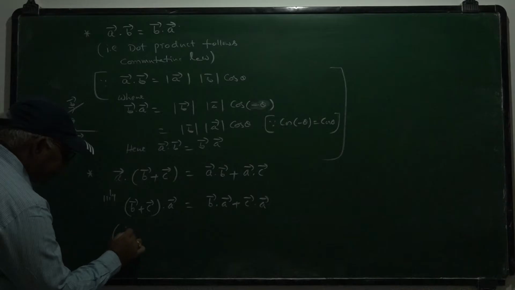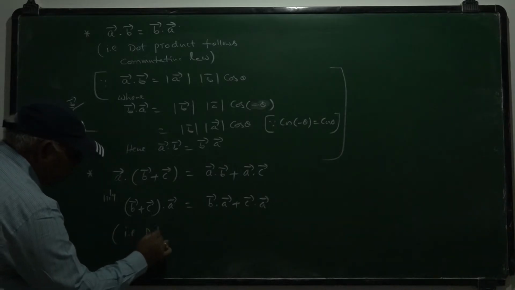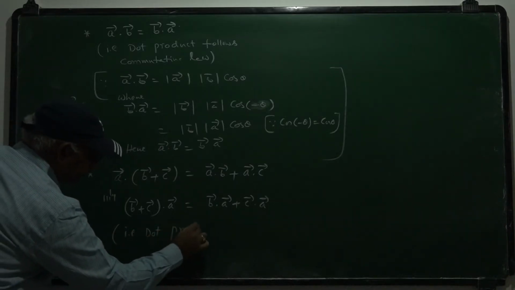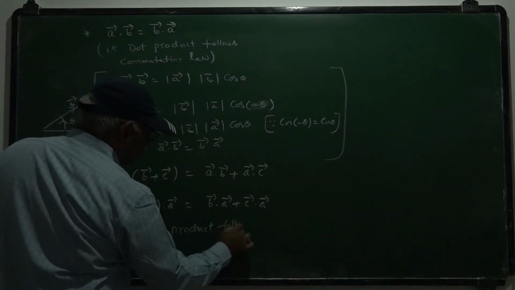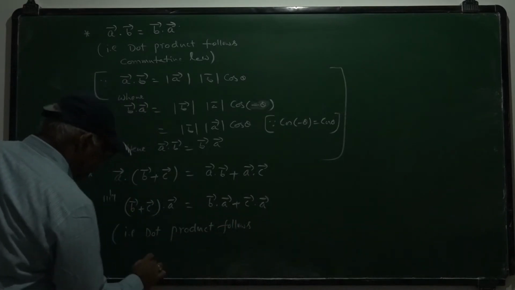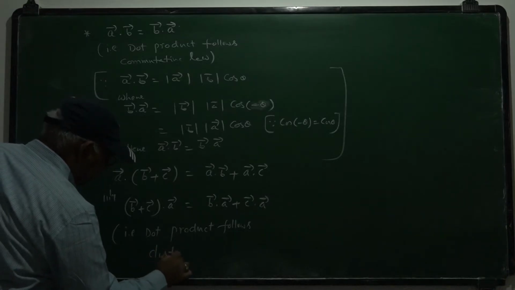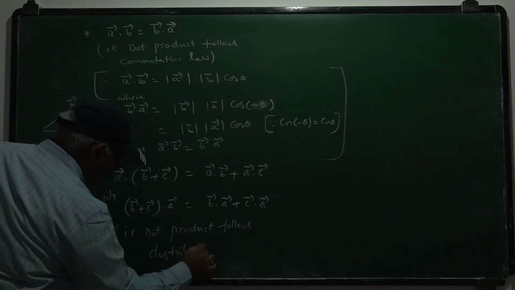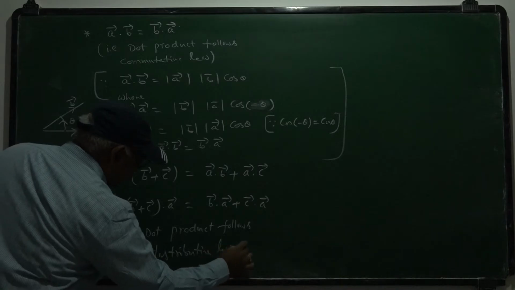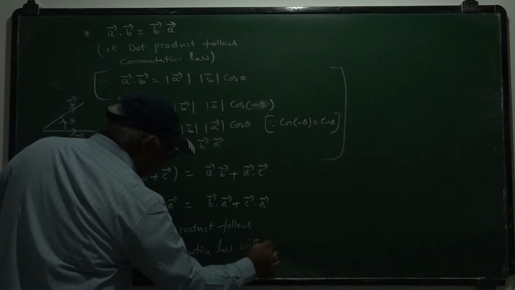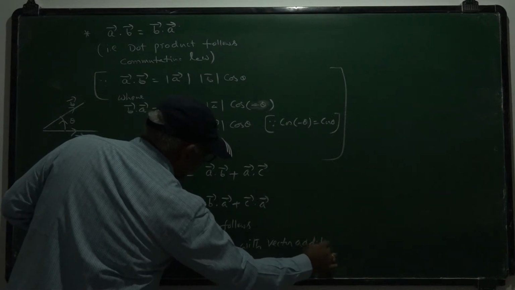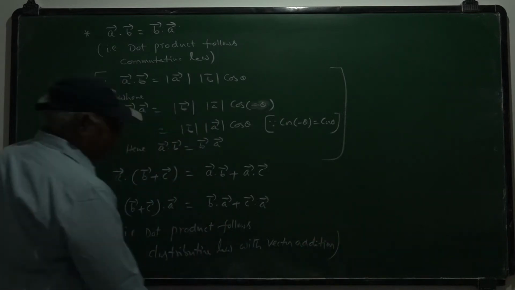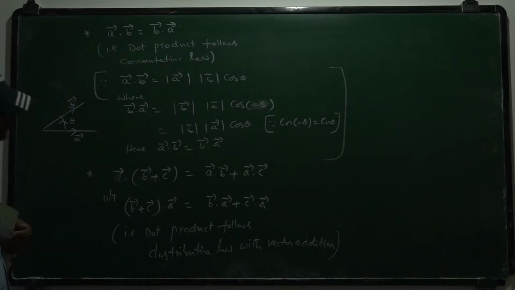That is, dot product follows distributive law with respect to vector addition.